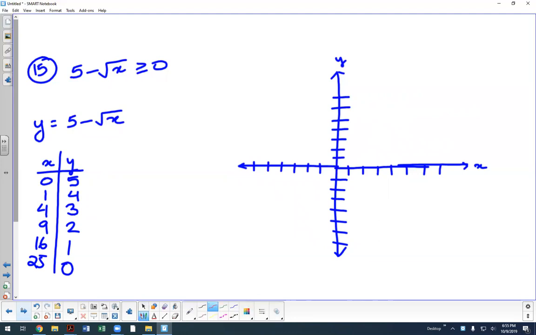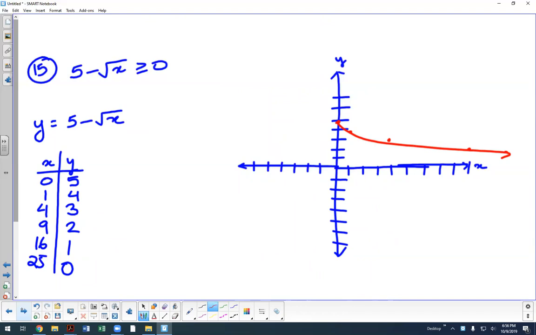We've got 0, 5, 1 and 4, 4 and 3, 9 and 2. And 9 will be somewhere over there. Right, we should have a function that looks something like that.